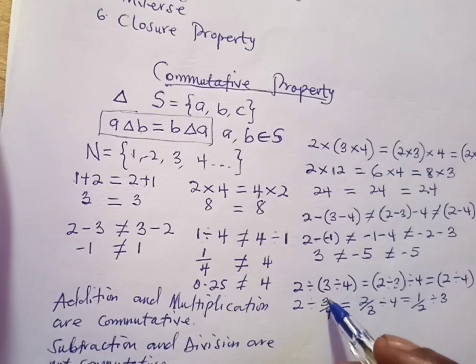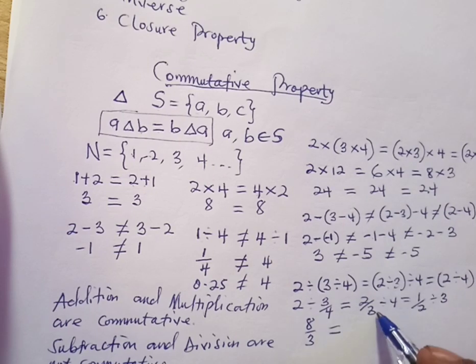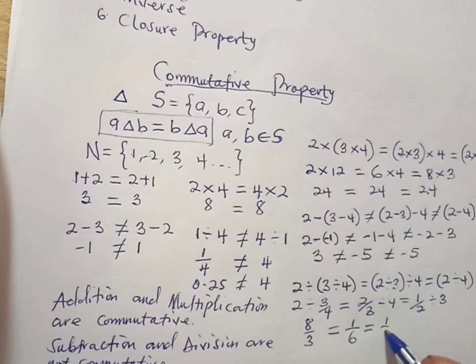So if we divide 2 by 3/4, then we are going to get 8 on 3, is equal to, if we divide this by this, then we are going to get 1 on 6, all right, which is equal to, if we divide this by this, then here too we are getting 1 on 6.